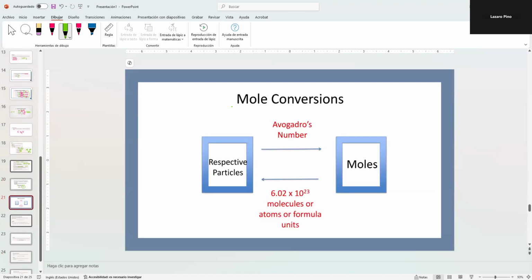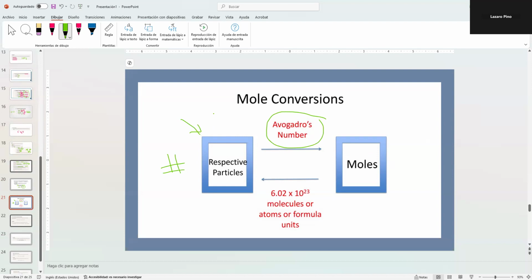Well, we have seen what the Avogadro's number is. How can we use the Avogadro's number in calculations? Well, you can go from number of particles to moles by dividing by the Avogadro's number.